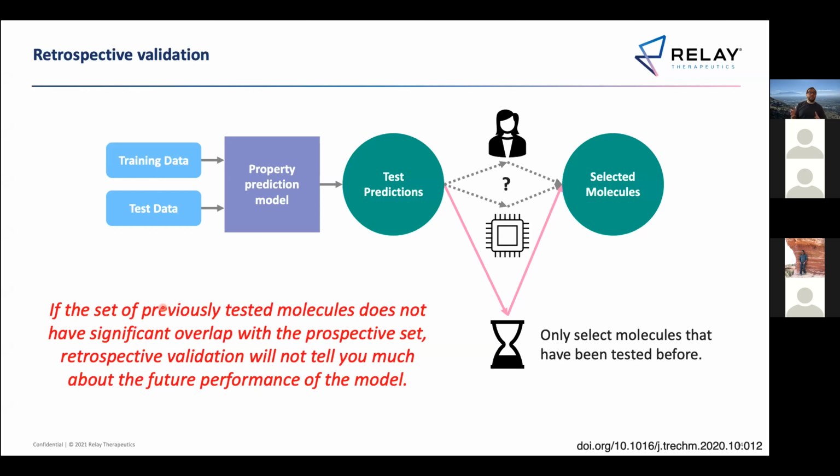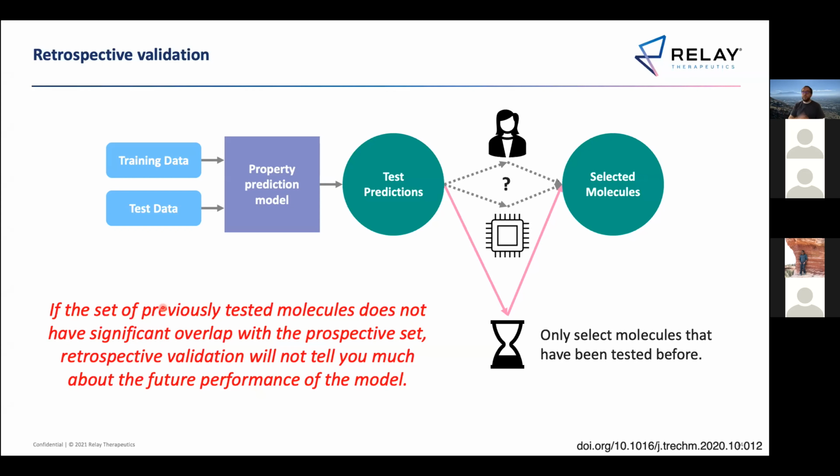The reason for this is that the model doesn't have any skin in the game. If the model is not actually being used to select compounds, then you have no idea how it's going to perform in a real world situation when its predictions are going to be used to make decisions about whether to acquire and test compounds. Instead, all you're doing is relying on some other process that was used to make things before.